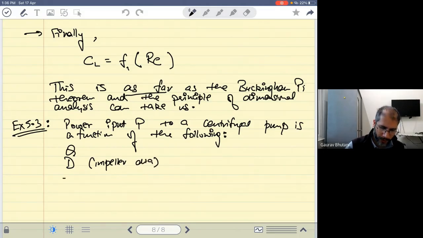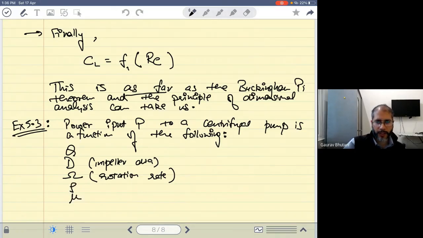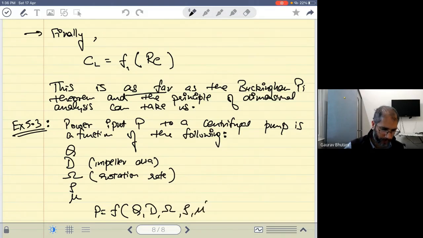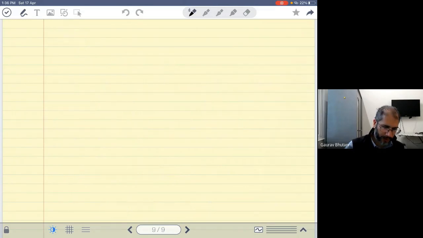Next is the rotation rate, that is the RPM of the impeller. And the next are the fluid properties, density and viscosity. So what we've seen is power varies as a function of these 5 variables. So we can write the power as some function of Q, D, omega, rho, and mu. What we have to do is rewrite this as a dimensionless relationship.